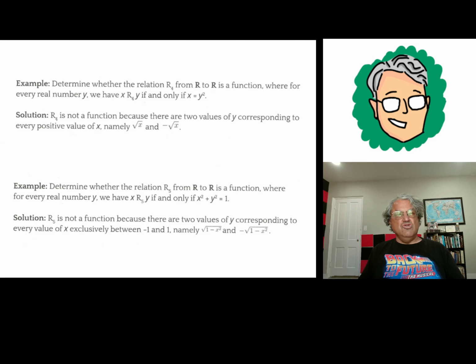Similarly, if you restricted the range to be non-positive values of y, then you would get y equals minus the square root of 1 minus x squared. That's a function too. But without those restrictions, it's a relation, but it's not a function.